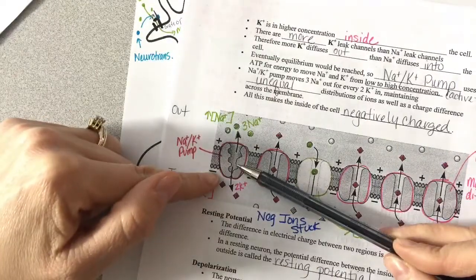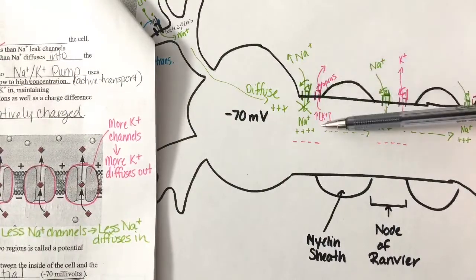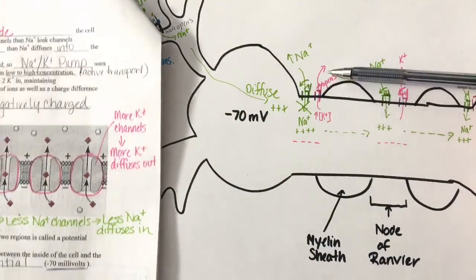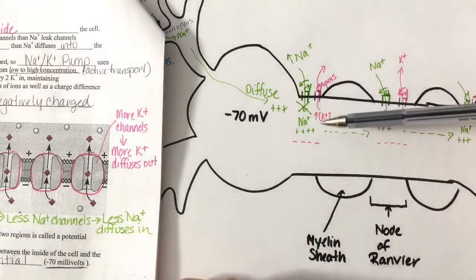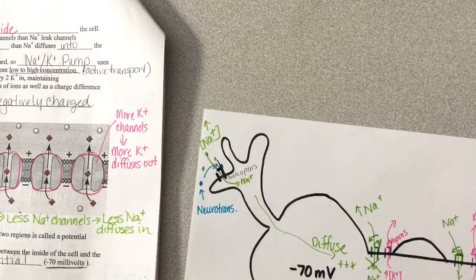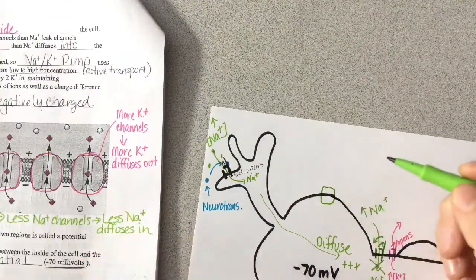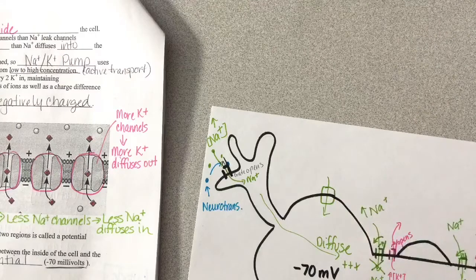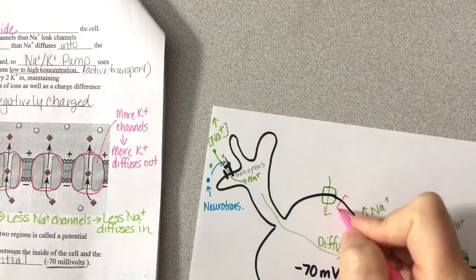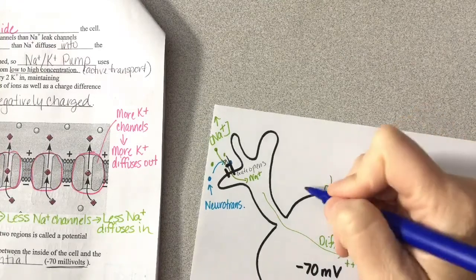As well, with the sodium potassium pump, it will pump the sodiums back out and the potassiums back in, because sodium came in and potassium left, and so your sodium potassium pump works to redistribute those. There are sodium channels that sodium will still diffuse in, and potassium channels, and remember there are more potassiums, where potassiums diffuse out.